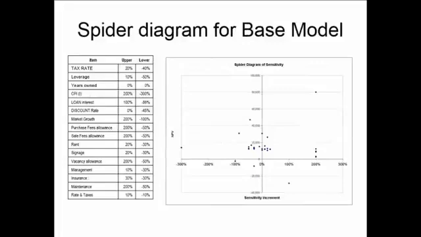On this chart we see a selection of plots for most of the variables in the model that we've been examining. You can see the table on the left includes most of the variables in the DCF model that we've been building over the last couple of weeks. So you can see it ranges from tax rate down to rates and taxes.